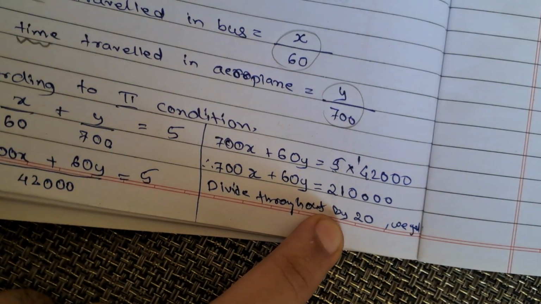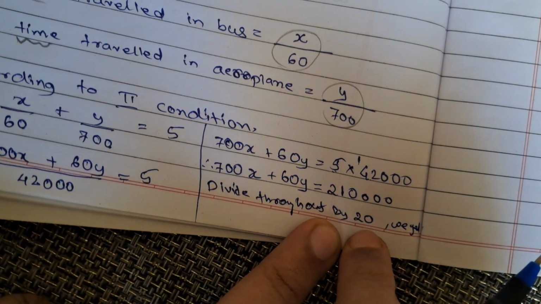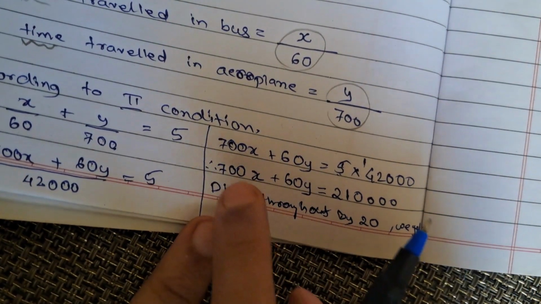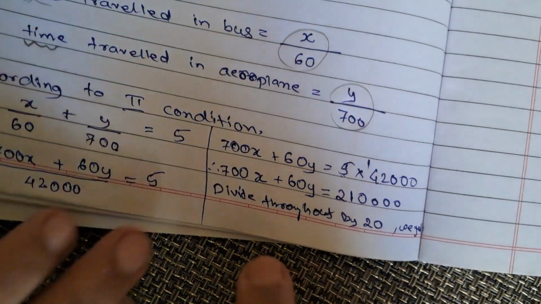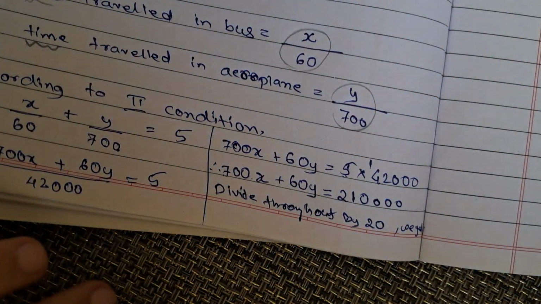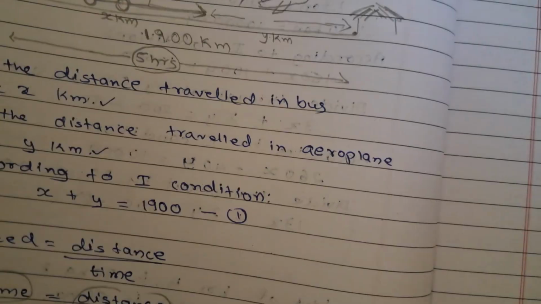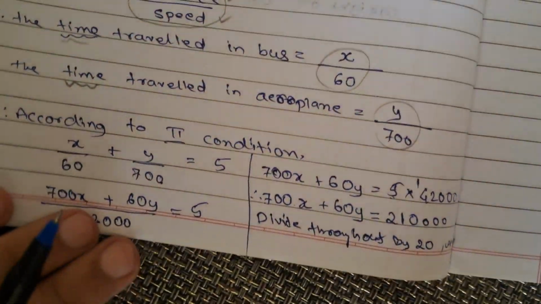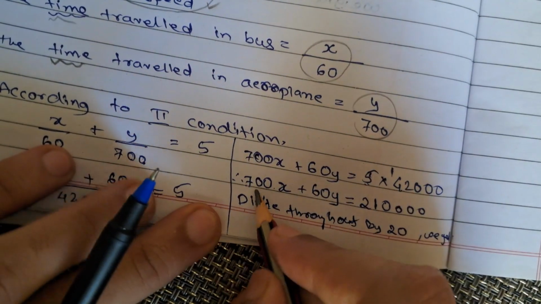Rather than thinking of anything else, 20 is the best number, because 20 will cancel, anyways the zeros will get cancelled with the 0, and 2 will cancel the remaining numbers. Let's see what this will become, by the way. If I divide this by 20, let's give it a thought. Just a moment. Yeah, so I will divide this by 20.